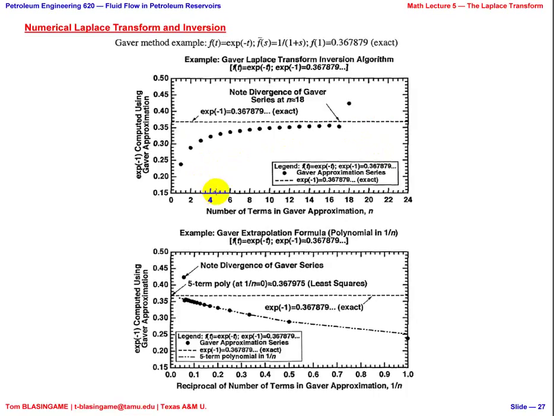This is the problem that Stehfest's algorithm and Gaver-Stehfest may have, because you actually don't know the exact solution. So what you do is try with two, four, six terms, and when you reach a certain convergence, you may say that that is the solution.